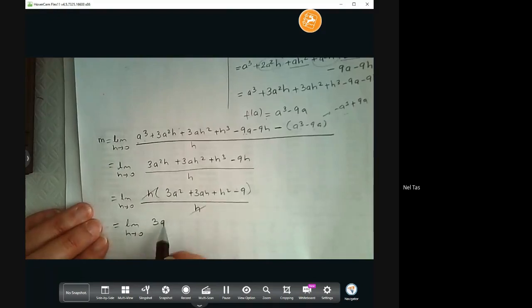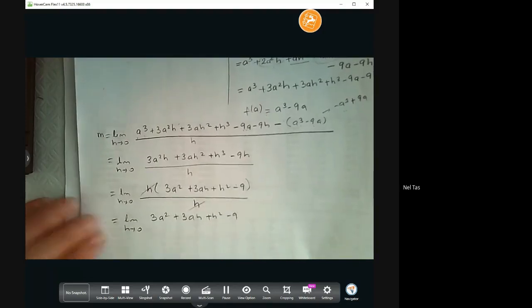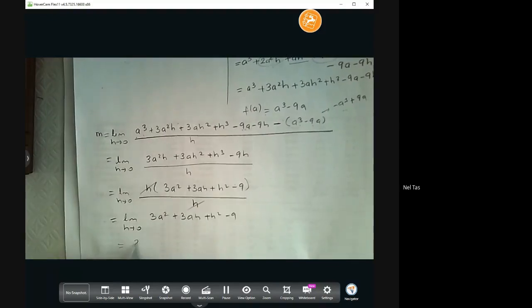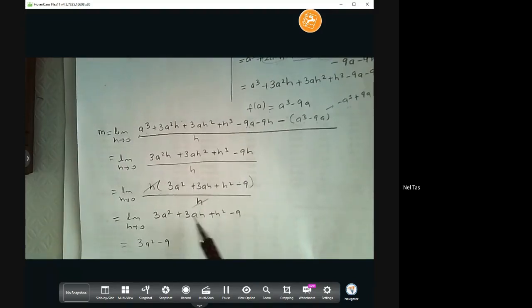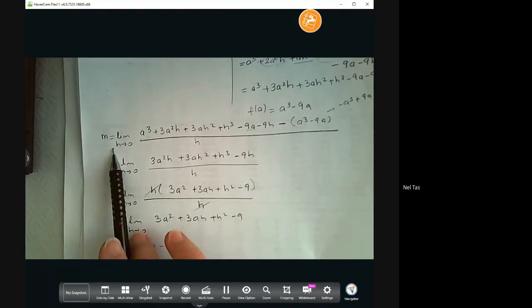So you removed the 0 over 0 situation. Okay. Now substitute 0 for h. So you end up with 3a squared minus 9. So now actually we got the equation for slope, okay?